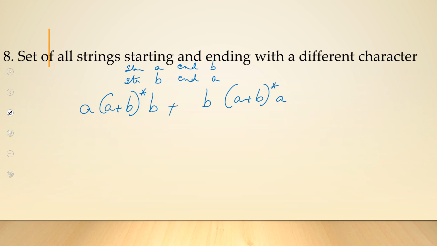This is starting with A, ending with B, and this is starting with B, ending with A. Now these two terms are the same, so I just gave them a nickname, A. And you even know what A is. What is A? A is either AA or BA or epsilon. And now I will be writing my grammar.